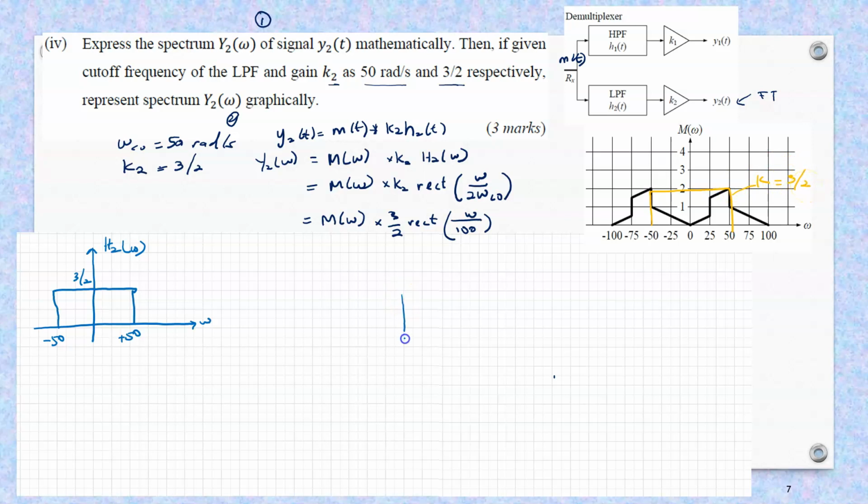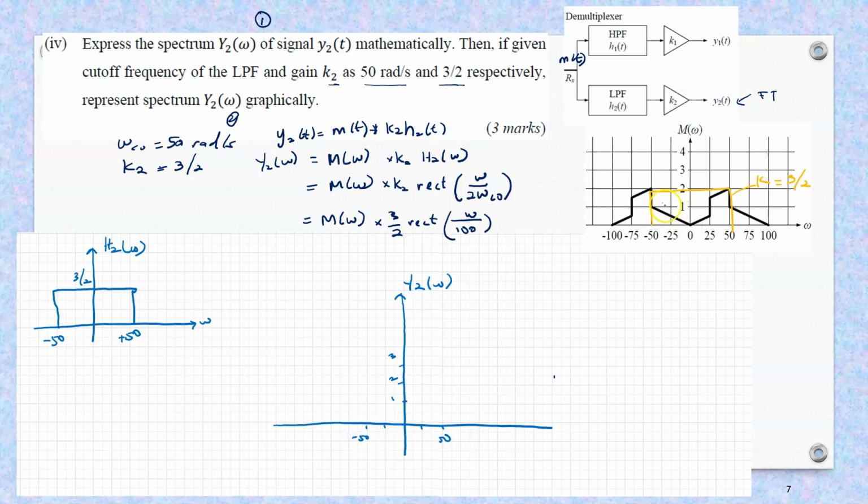So the final spectrum for Y2 omega should have the highest amplitude at 3. Also, we label this to make our work easier, with the frequencies involved: negative 50, negative 25, 0, 25, and 50.